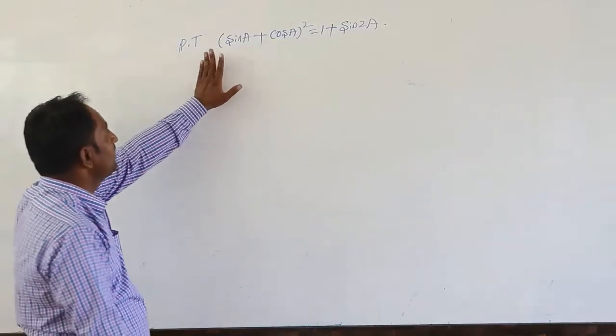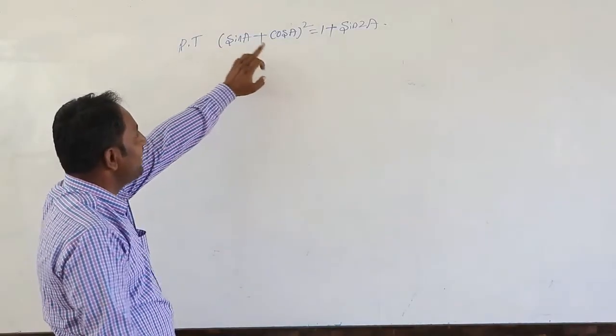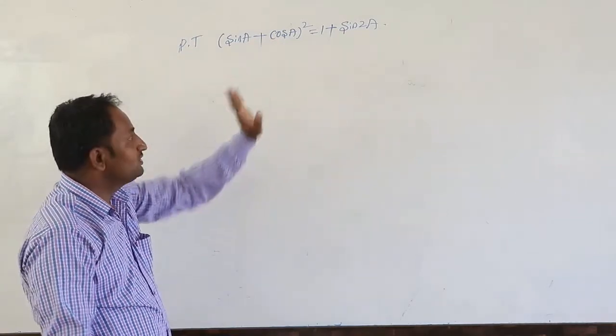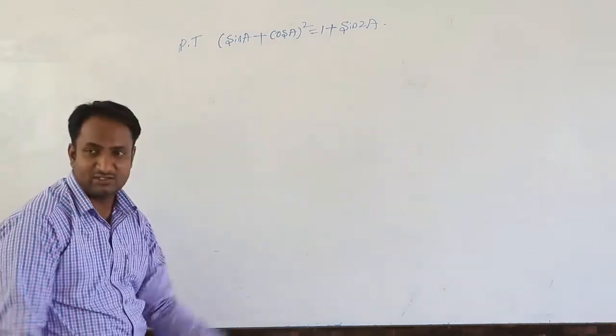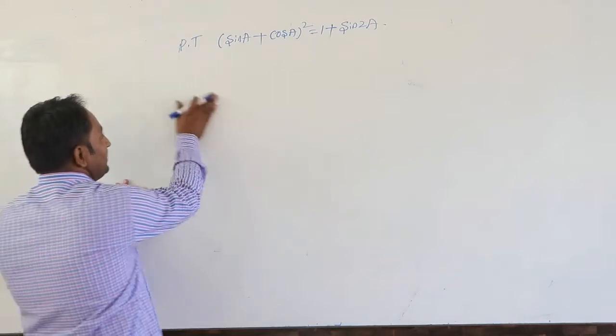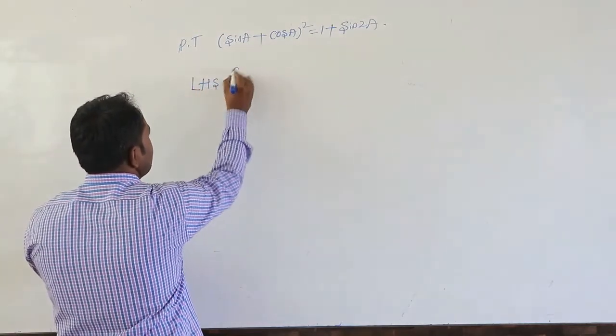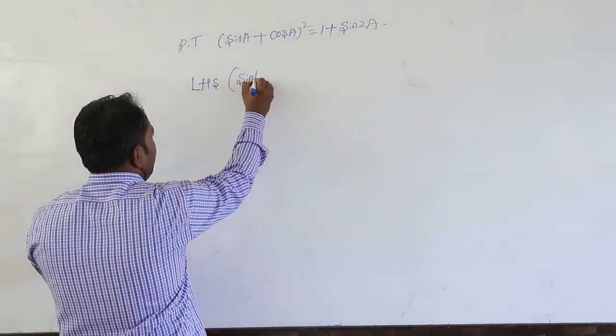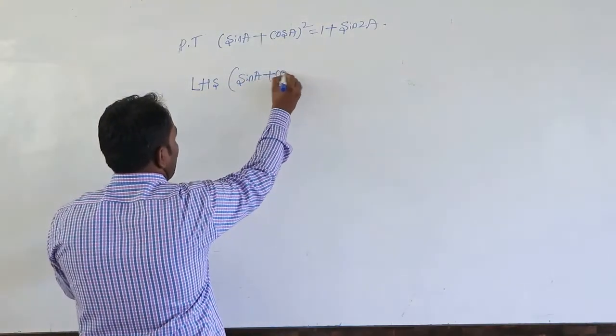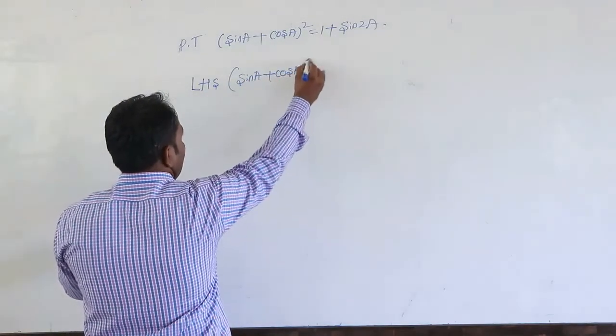Okay. Here prove that sin a plus cos a whole square is equal to 1 plus sin 2a form. Again consider LHS part. LHS, that is sin a plus cos a square.